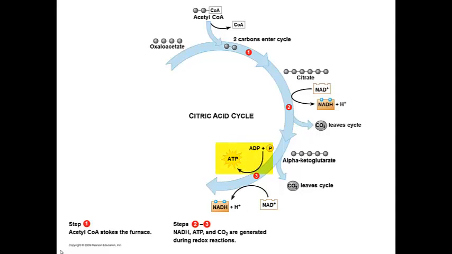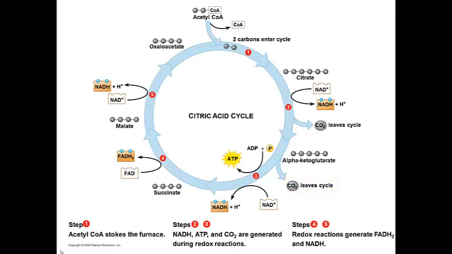Also, ATP is formed, and because we are breaking down the molecule, we also release carbons that are converted into CO2, carbon dioxide. Finally, the cycle regenerates oxaloacetate so that it's ready to accept another acetyl-CoA that's come into the mitochondria from the grooming of pyruvate.